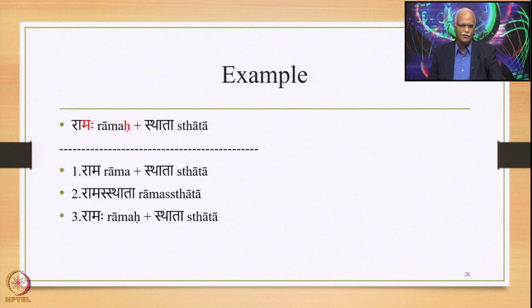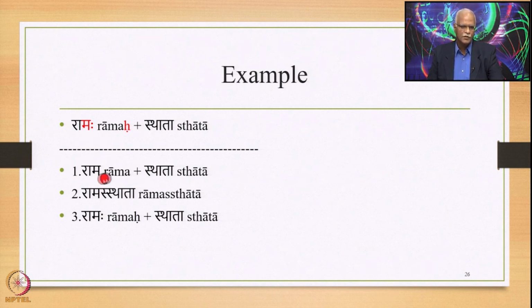For example, if we have Ramaha sthata, so there is a visarga over here coming at the end of the pada, followed by sa, which is a shar, followed by tha, which is a khar. So this is khar para shar following a visarga. So in this case there are 3 possible outputs. First, this visarga gets 0 substitute. That means this visarga is deleted.